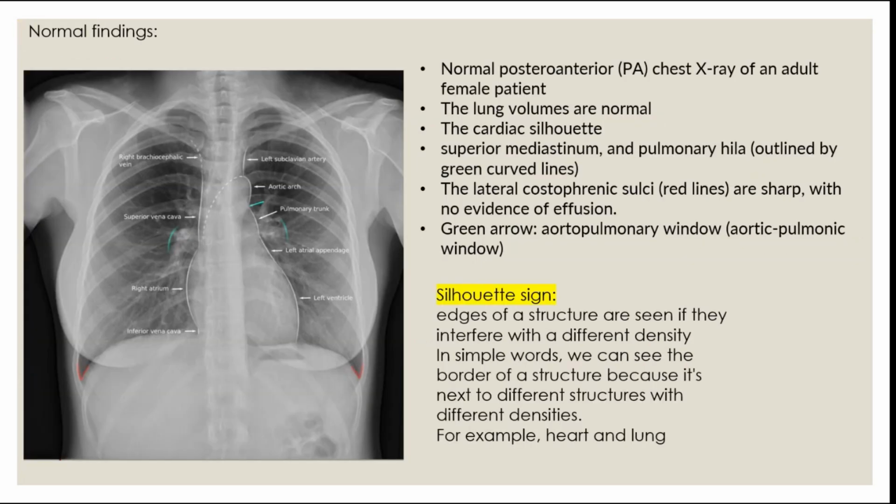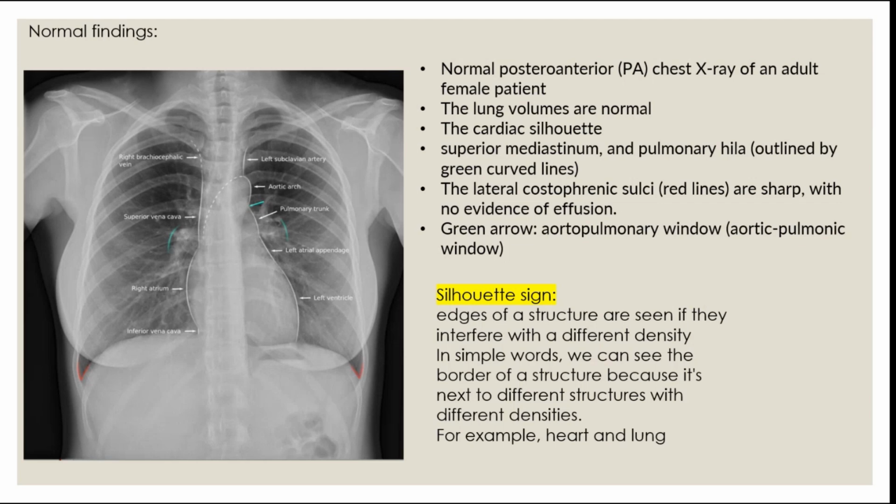So what we see in X-ray, as we see here, we have a normal finding of an X-ray. And can you tell me if this is a female or a male X-ray? Okay, yeah, it's correct. It's a female X-ray. And what we see in a normal finding.